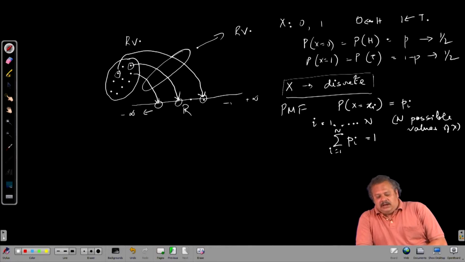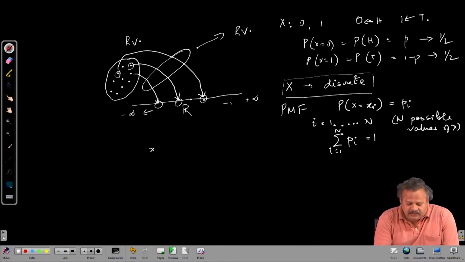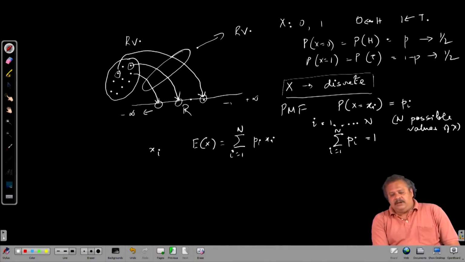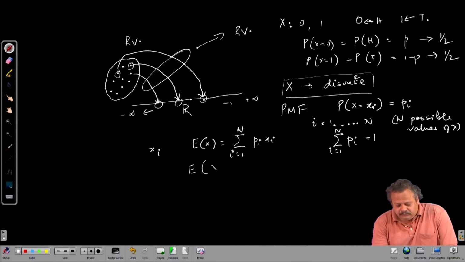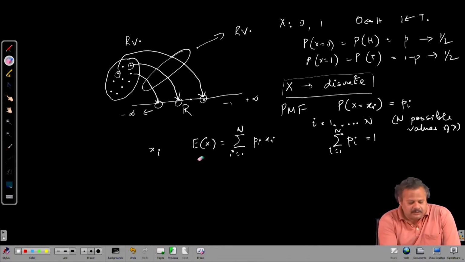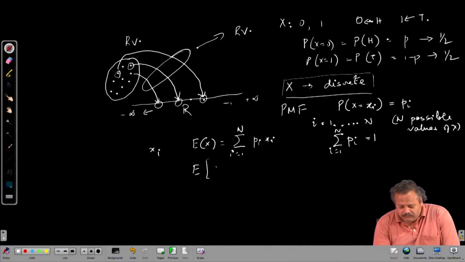So from this we can determine the average value of the random variable. If we have the given values xi, i equals 1 to N, we say the expected value or the average value of the random variable x is simply the summation of pi times xi, i equals 1 to capital N. And similarly, we extend the idea to the variance, which is the expectation of x minus expectation of x, whole squared.